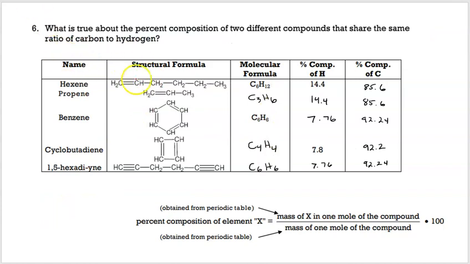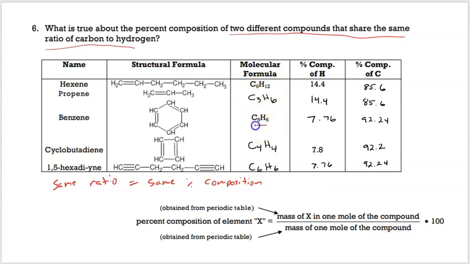Number 6, it says, what is true about the percent composition of two different compounds that share the same ratio? That means, right, that's what we just talked about. Those shortcuts, time savers we talked about. Same ratio equals same percent composition.